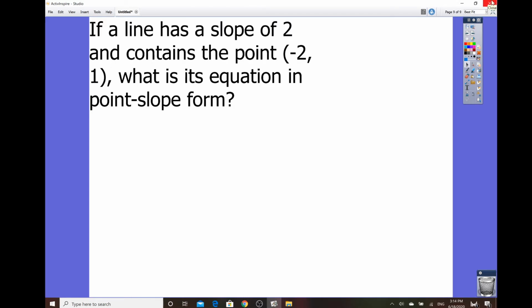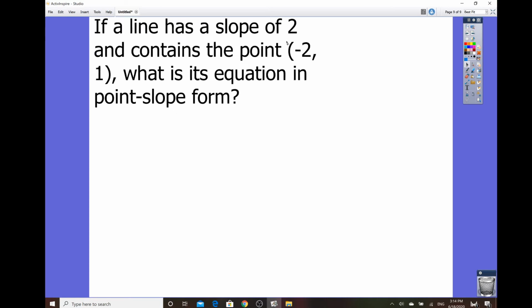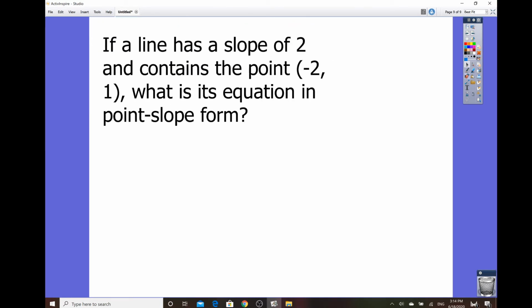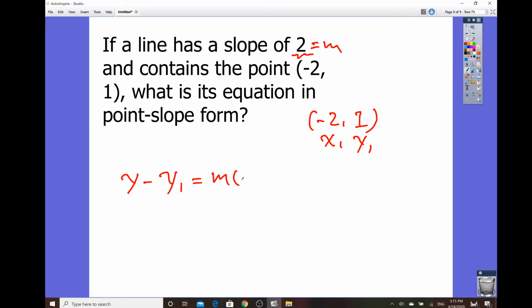Okay, so now what we found here, the slope is 2, and the given point is negative 2, 1. So let's identify the given element, negative 2, 1. Let's say this one is x1, y1. For the point-slope form, as you may notice, it's y minus y1 equals m times the difference of x minus x1.